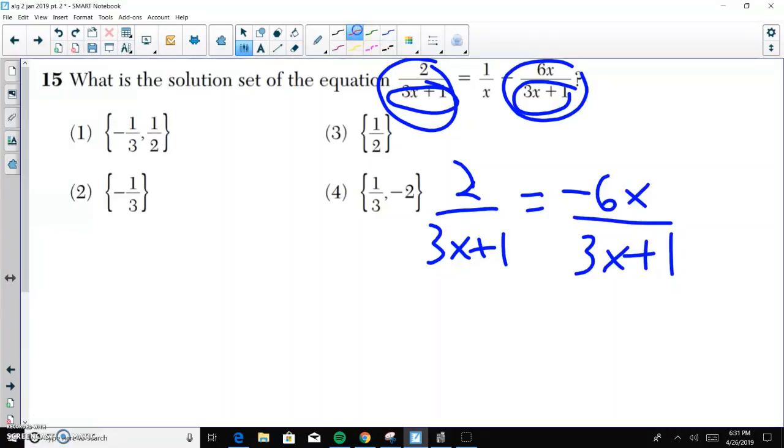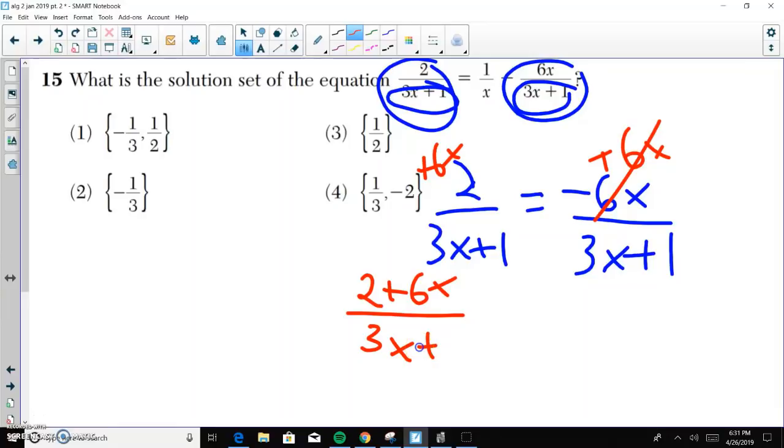So let's add 6x to this side. So then we could add 6x here. So then it would be 2 plus 6x over 3x plus 1. We can do that because they have the same denominator.